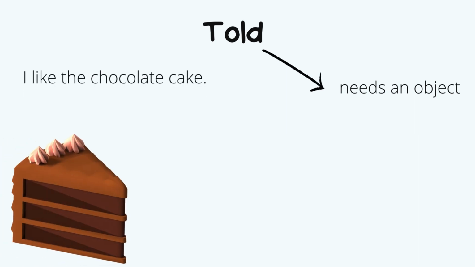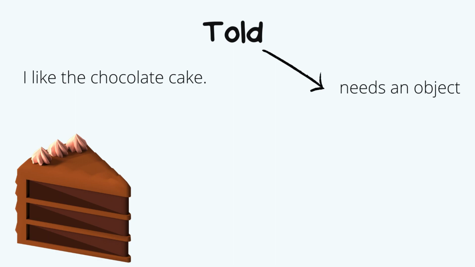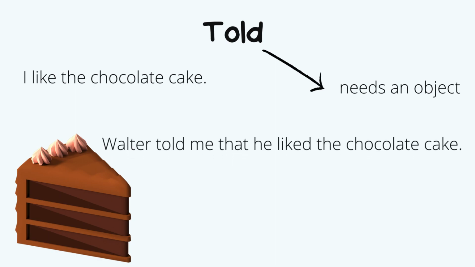Another verb you can use in reported speech instead of "said" is "told." But if you use "told," it needs an object. For example, our direct speech is, "I like the chocolate cake." Then when we're making our reported speech, we would say, "Walter told me that he liked the chocolate cake."